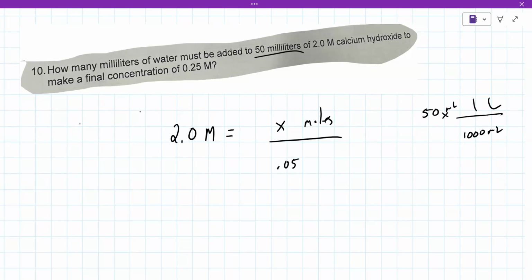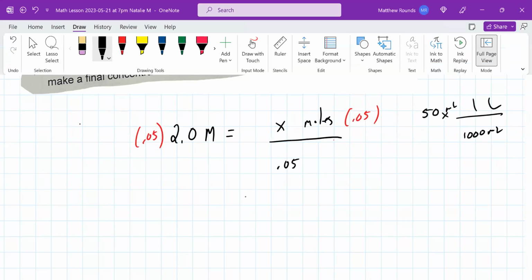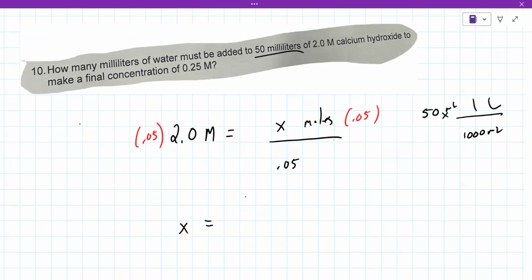And then for the next one, you have to solve for X. You multiply both sides by 0.05. So can you give me the number of moles there?